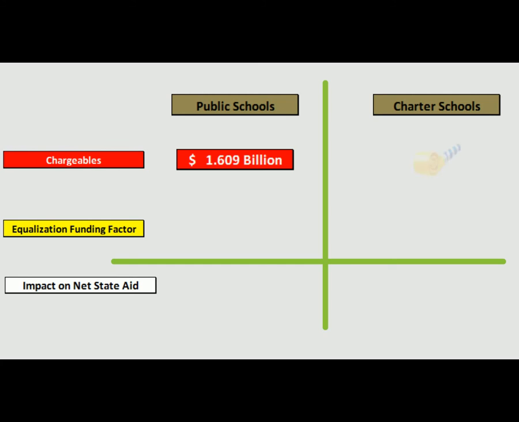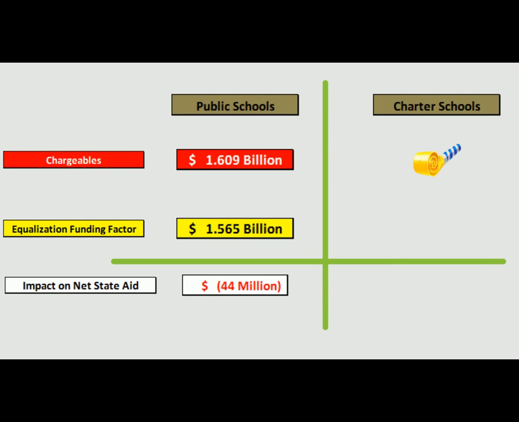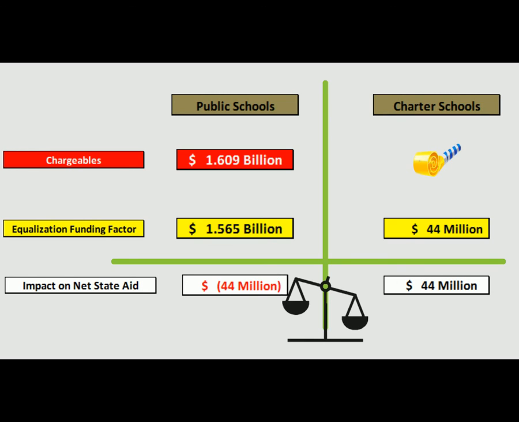Through the equalization funding factor, public schools received $1.565 billion for a net loss of $44 million. This $44 million was given to charter schools. Again, a net state aid impact of $0, but a clear $44 million imbalance.